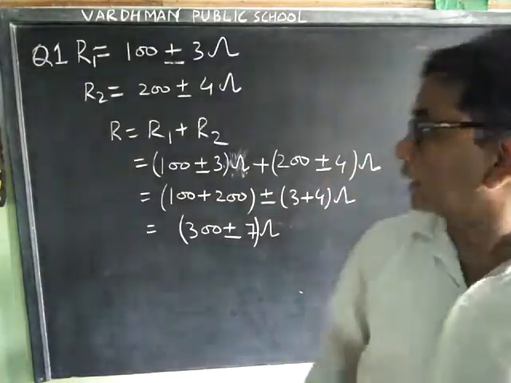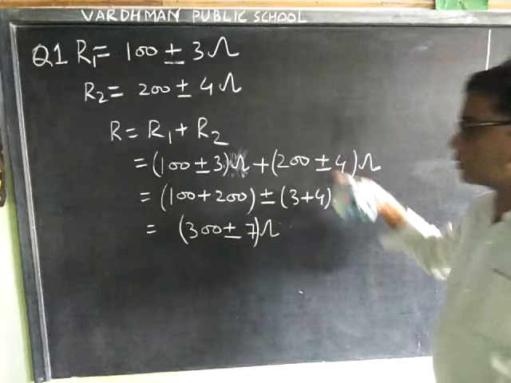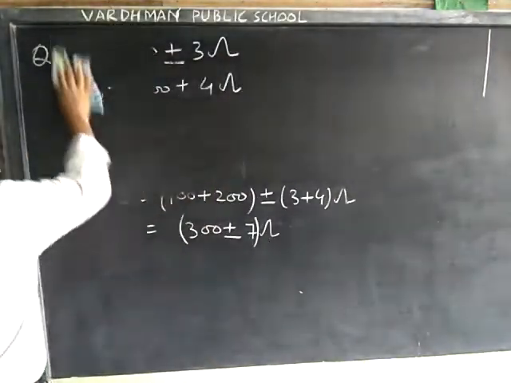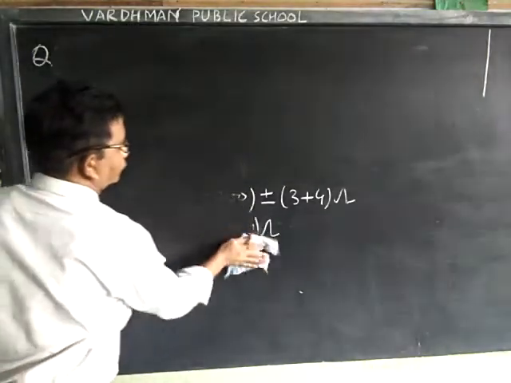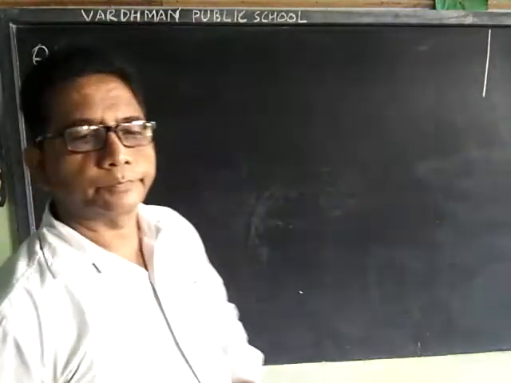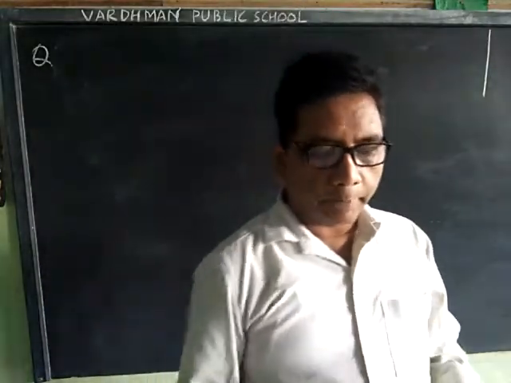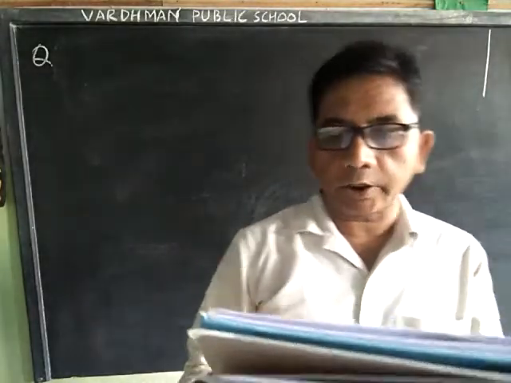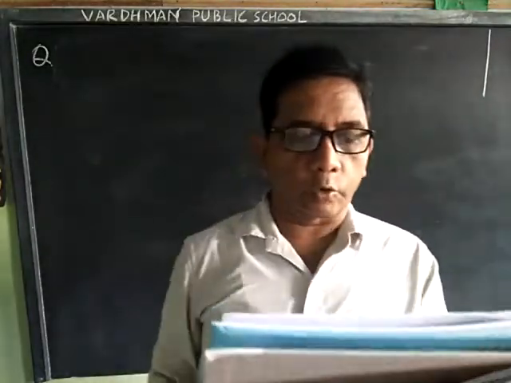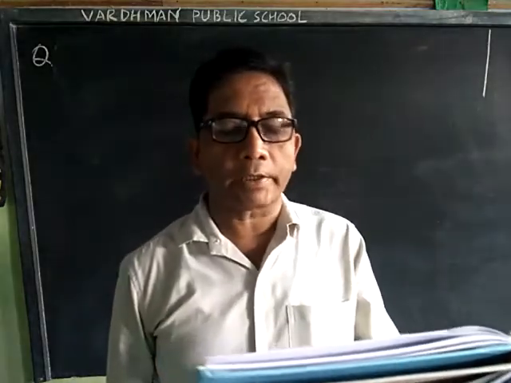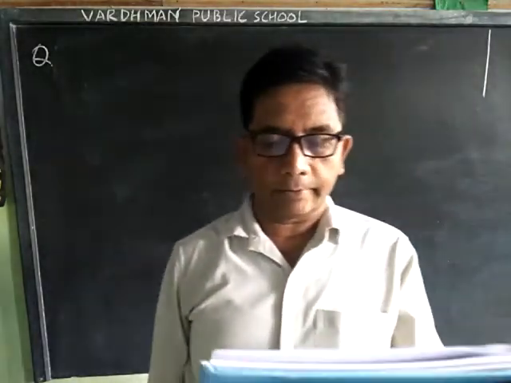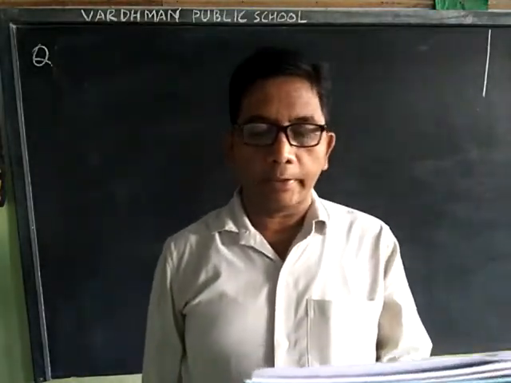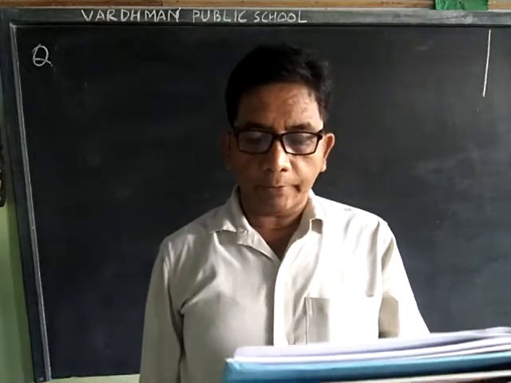Now second question. The temperatures of two bodies measured by thermometer are T1 is equal to 20 degree centigrade plus minus 0.5 degree centigrade and T2 is equal to 50 degree centigrade plus minus 0.5 degree centigrade.